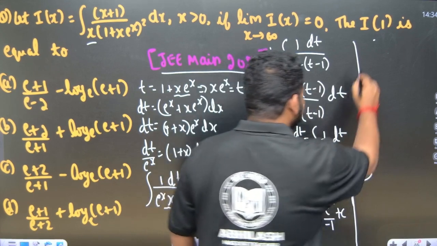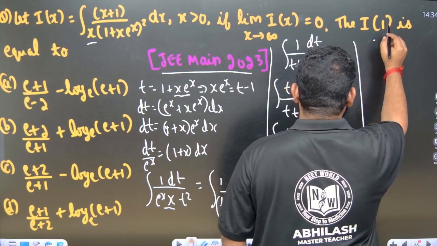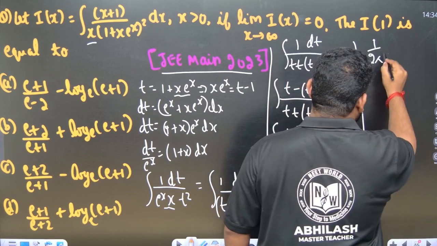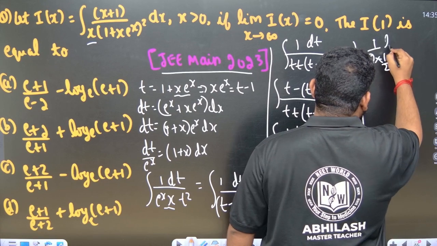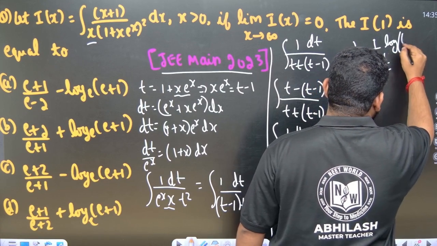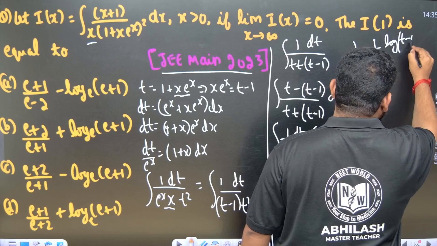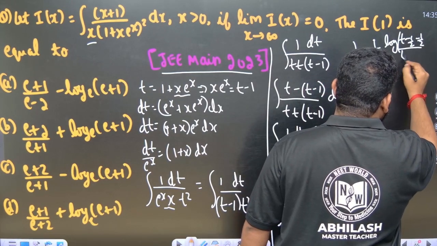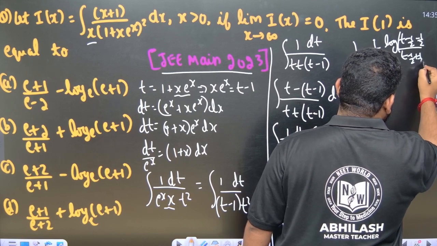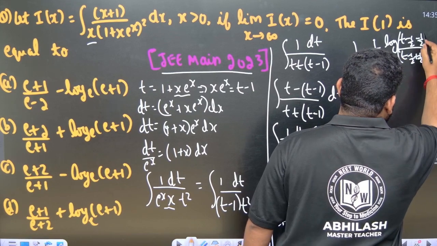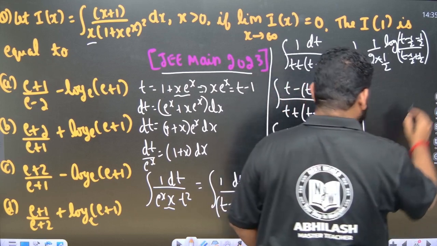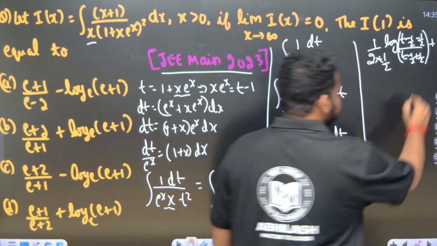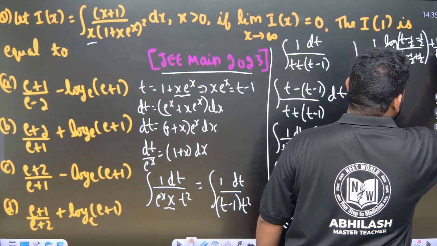This will become 1 by 2a, where a is 1 by 2, so 1 by 2 into log of (t minus 1 by 2 minus 1 by 2) by (t minus 1 by 2 plus 1 by 2), that is (x minus a) by (x plus a). Minus into minus will become plus, so it will be 1 by t plus c. This is what you get.